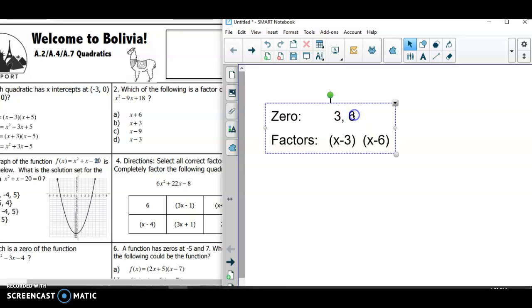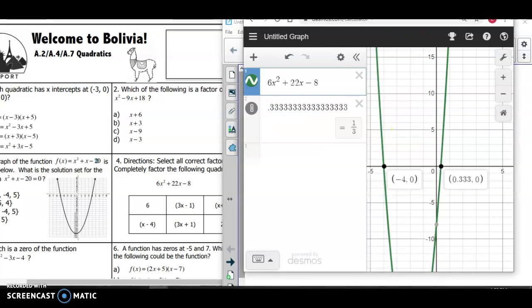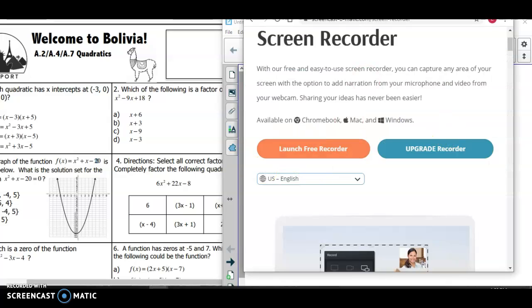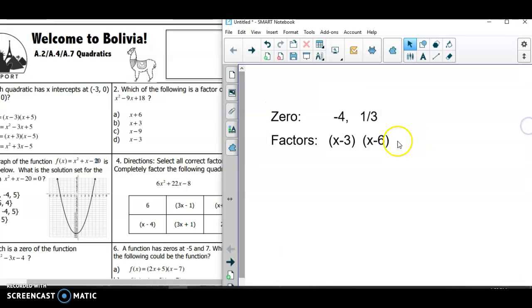Let me write this down: -4 and +1/3. Now I need to take the opposite of those. So this is now going to be x plus 4 because we take the opposite, and this is going to be x minus 1/3.